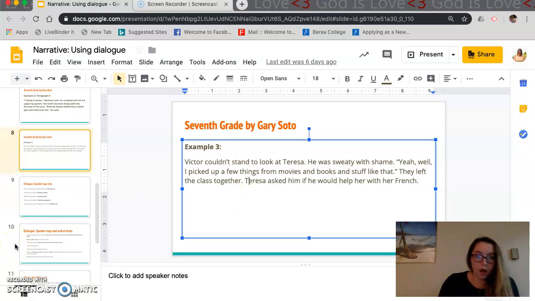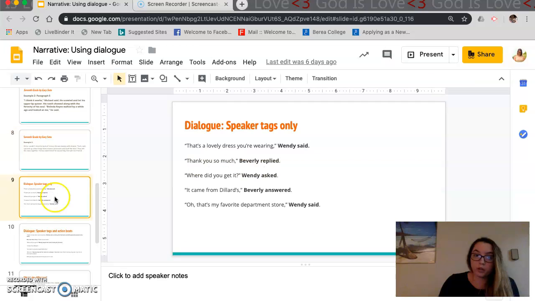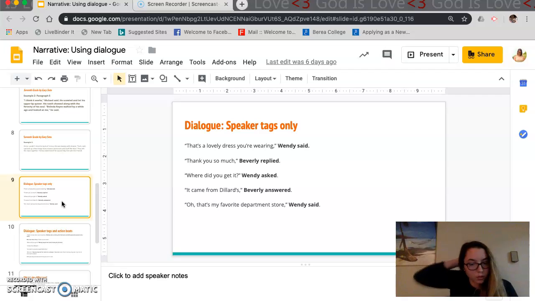So now that we looked at 3 examples from that text, I want us to look at what a dialogue sounds like when we only use speaker tags. So in this excerpt, you can see there's a lot of said, replied, asked.